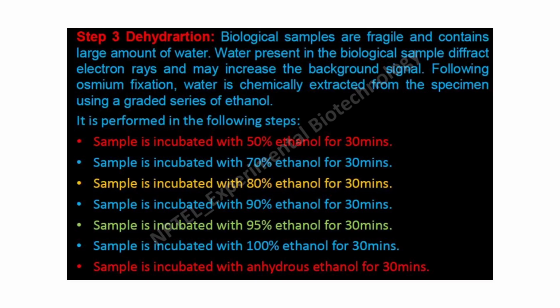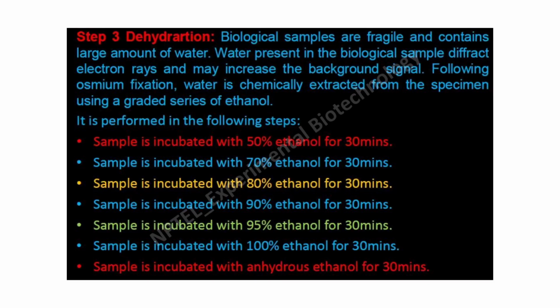Water present in the biological sample diffracts electron rays and may increase the background signal, as I've already told you. So following the fixation step, the osmium fixation step, water is chemically extracted from the specimen using a graded series of ethanol. It is performed in the following steps.